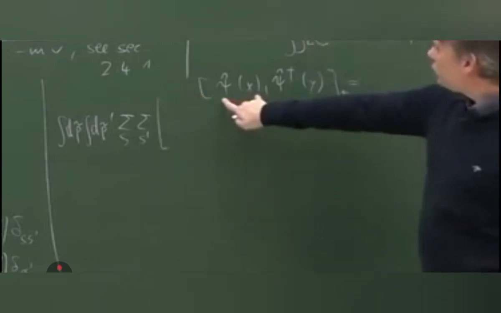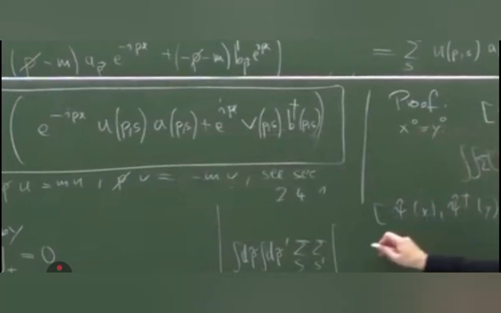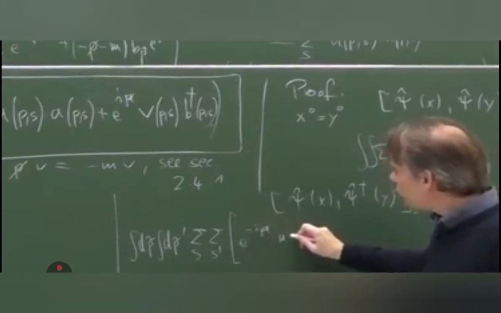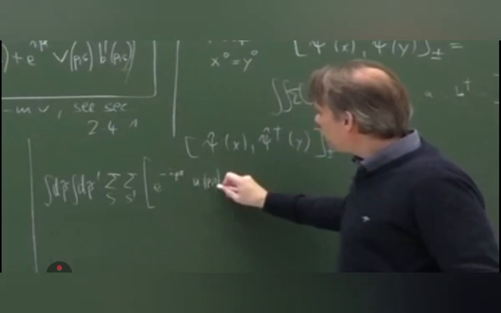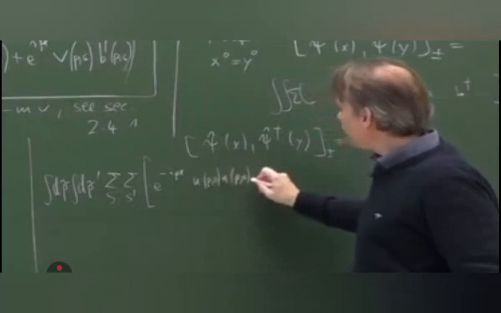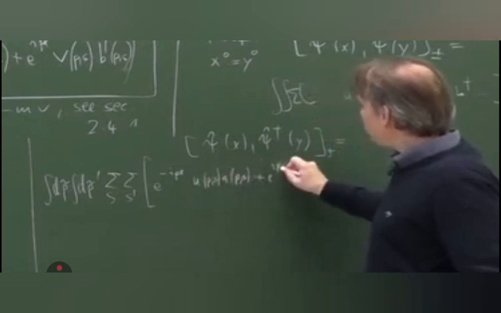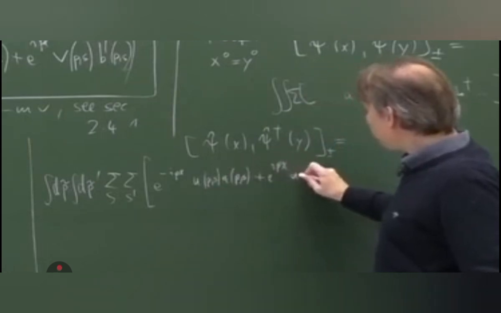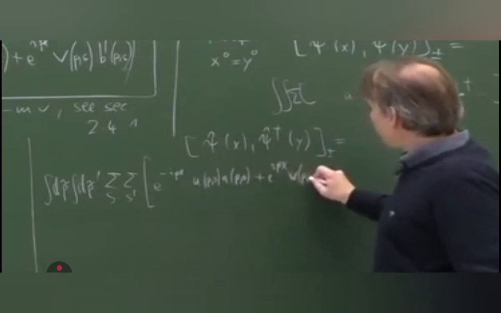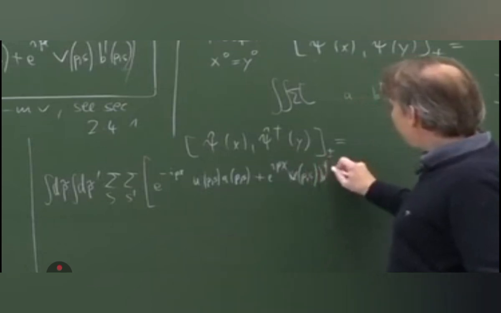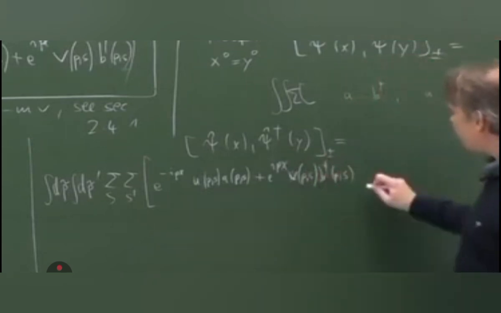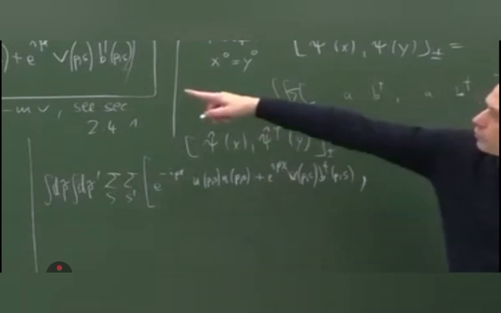Then in the commutator from the left we have exactly this expression here: e to the minus I p x u of p s a of p s plus e to the I p x v of p s b dagger of p s, comma, and then here we have the daggered version.